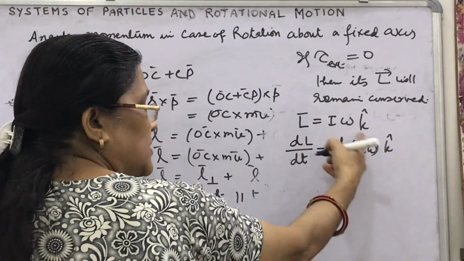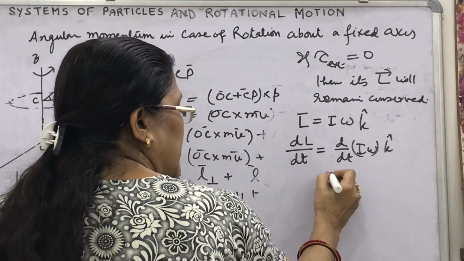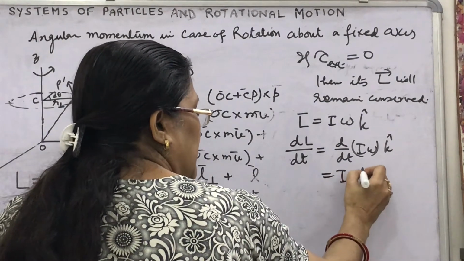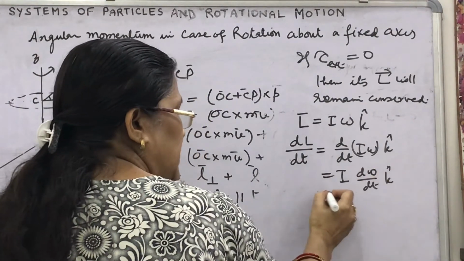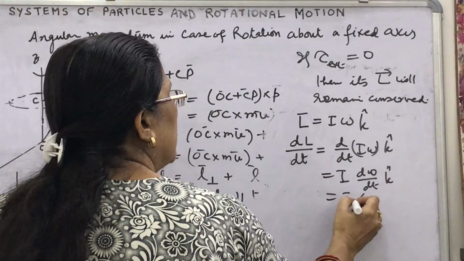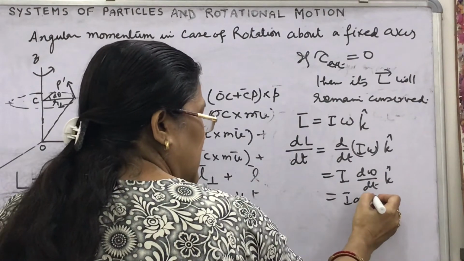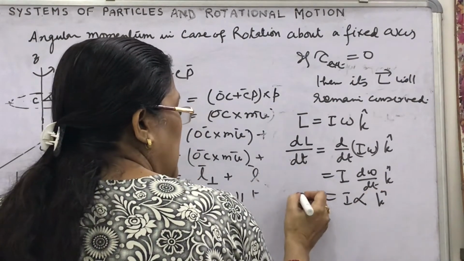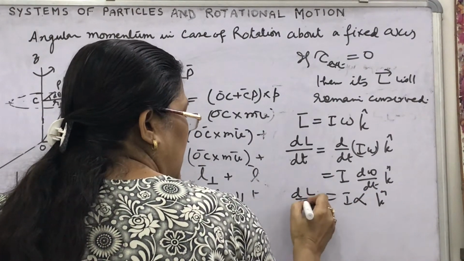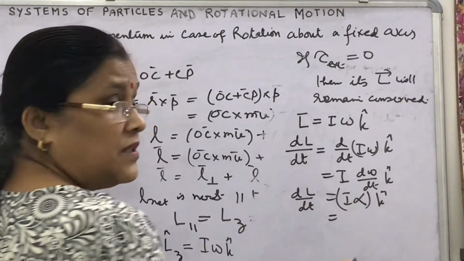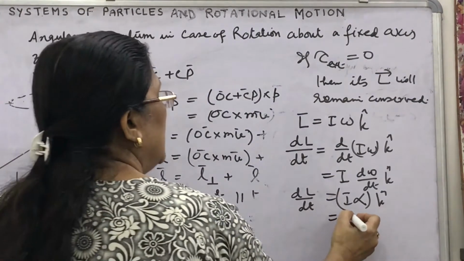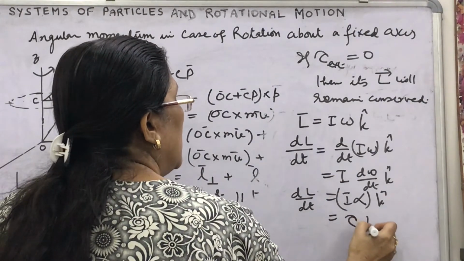If I is constant with time, then we can write I into d omega by dt into k. You know what d omega by dt is? This is alpha, angular acceleration, and so dL by dt is I alpha, that is torque, torque k.